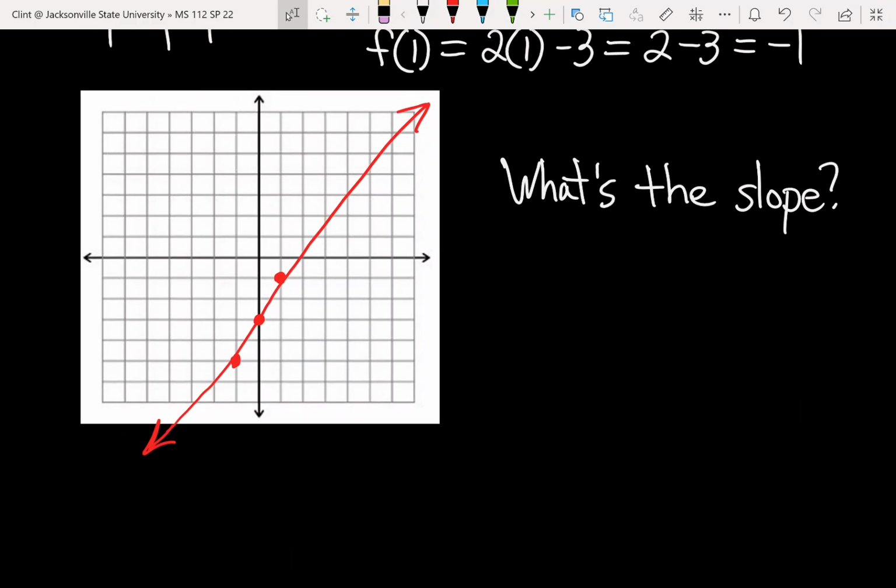What we can do is we can just count the slope off the graph. Right? So like I'm looking if I'm at this point right here on the y-axis. Then to get to the next point, I'd have to go up 2, so positive 2, and to the right 1, so positive 1. So 2 over 1, slope would be 2.